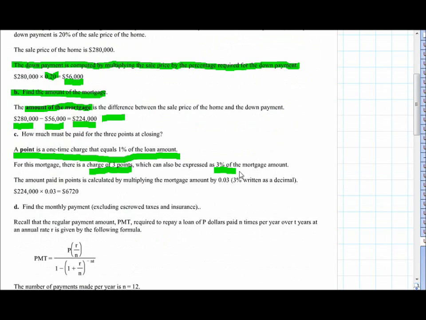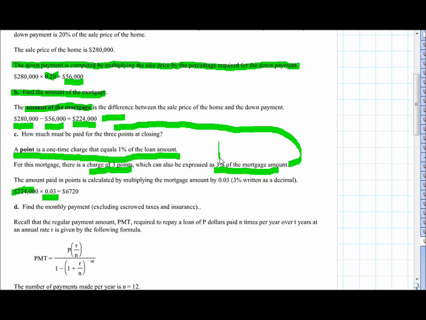Well, we just calculated the mortgage amount right here, $224,000. Notice this 3 points right here. That's the same as 3% right here.